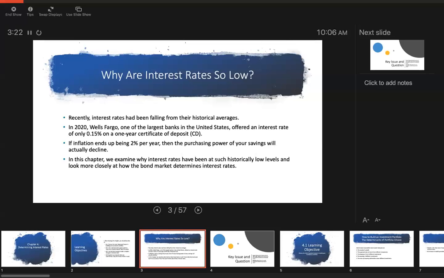But what's strange is that interest rates have remained at historically low levels for a very long period of time, right? For over a decade, we've seen a climate of very low interest rates. So I went and looked up what the interest rate on a one-year certificate of deposit at a leading American bank is. If you look at what Wells Fargo will pay out on a one-year deposit, it's about 0.15%.